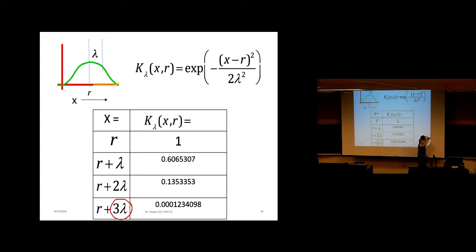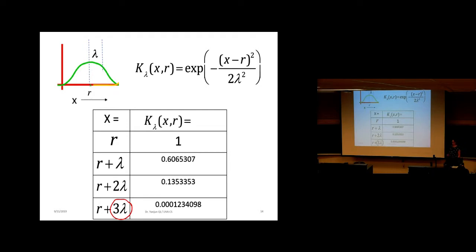Okay, so I hope this gives you a concrete feeling. What is this? The closer you are to the center, the higher the values. If you are far away, beyond 3 lambda, you get almost 0 from this function. This function is bounded from 0 to 1, and the center gives you the largest value. If you're close to the center, it's a high value. If you're 3 lambda left or 3 lambda right, the contribution of this basis is 0.